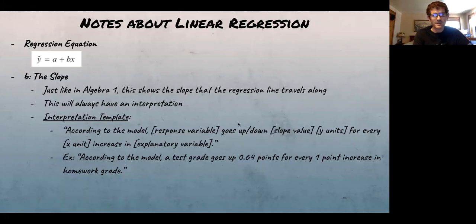So keep that in mind. The other thing that was causing some confusion, remember with your units for slope, it's going to be units of y over 1 unit of whatever your x is. So that's going to be your slope unit. Okay. Any questions so far?